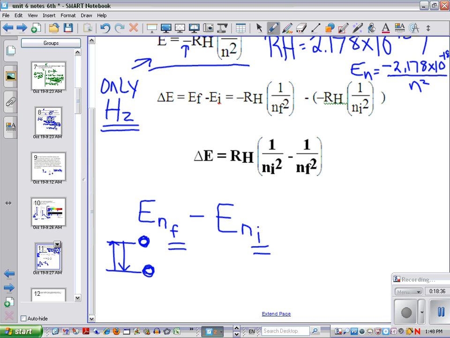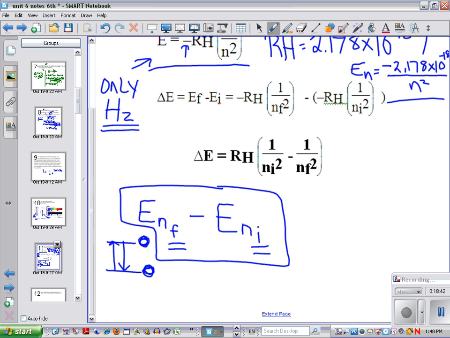Now, this right here is me simply taking this equation for energy level final and then taking that equation for energy level initial and subtracting the two. You can create this equation using this one equation, and it gets a little different because of the negative signs.